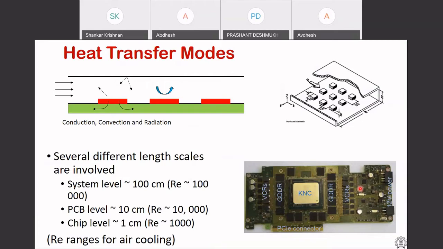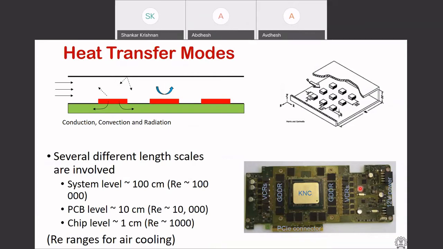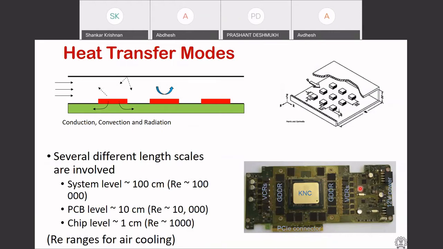How do I decide which Reynolds number is the best? Or how do I decide what modeling or what technique to use, turbulent model or laminar model? Now, it all varies.